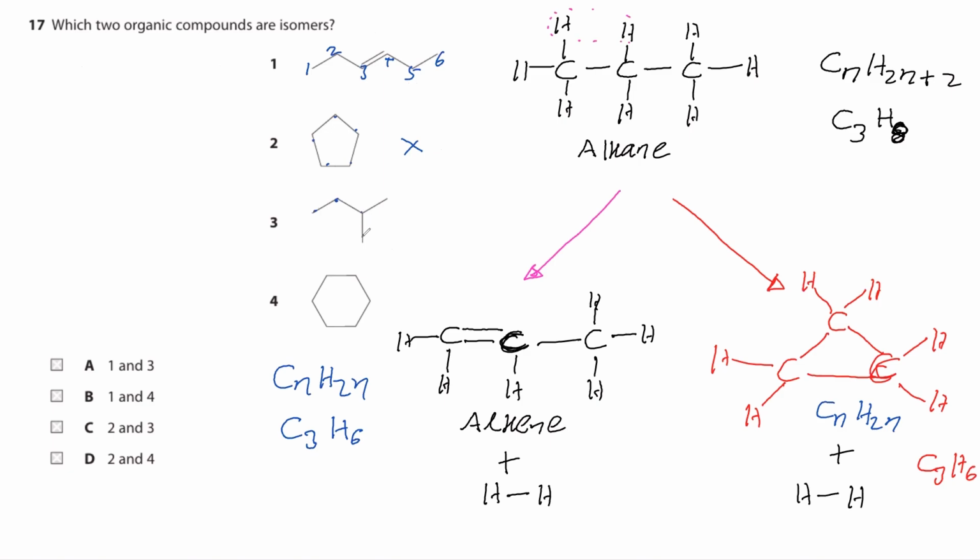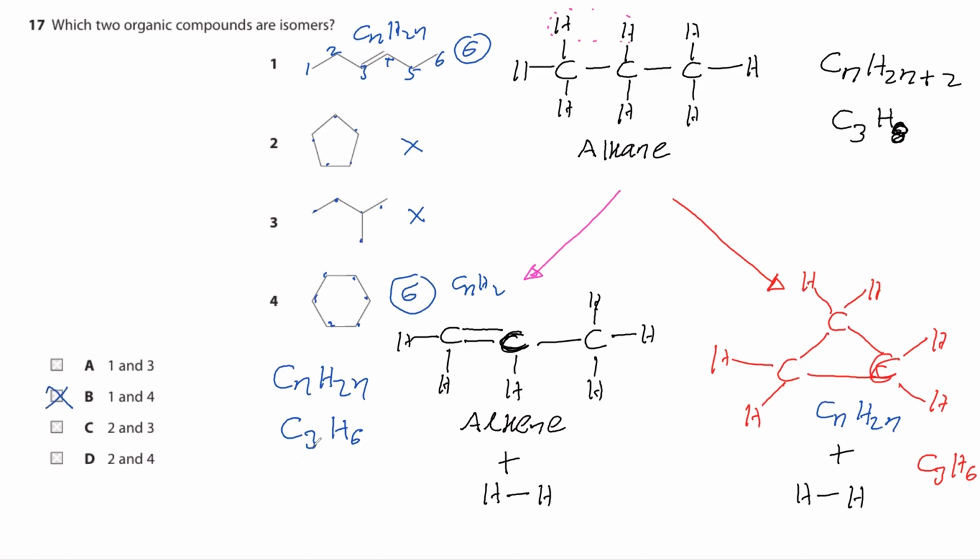This also has 5, so 1 and 3 cannot be isomers. This one has 6 carbon here also. 6 carbon, 6 carbon, and the general formula is also the same, because this is an alkene, CnH2n, and this is a cycloalkane, CnH2n. Yes, they are isomers. So 1 and 4 are isomers, and my answer is B.